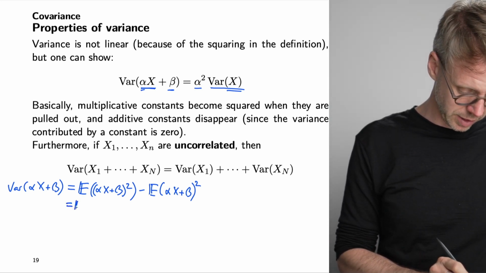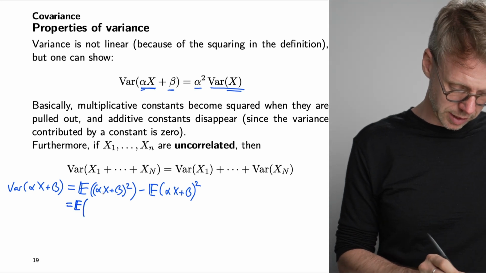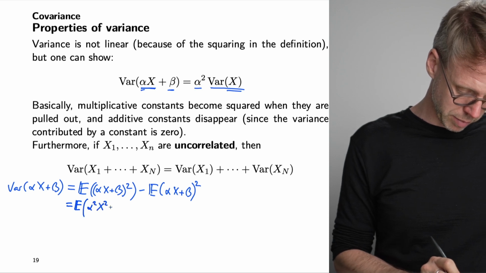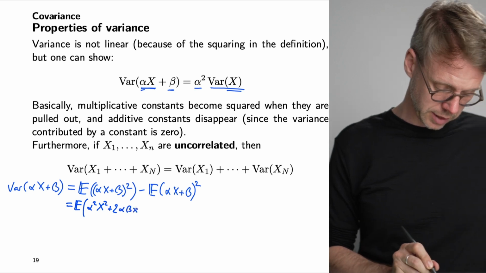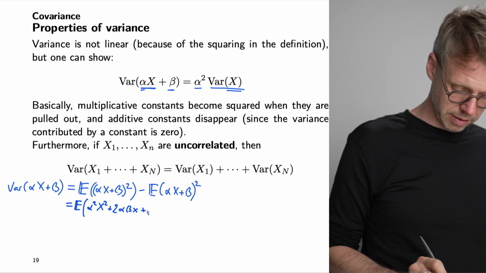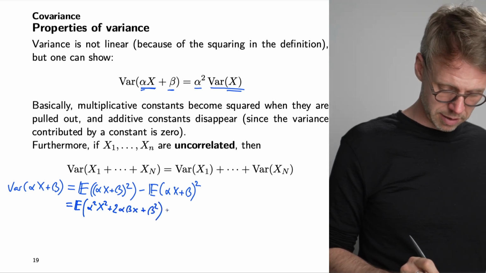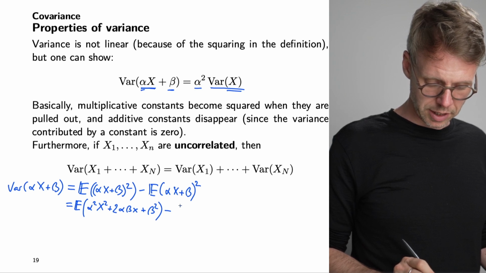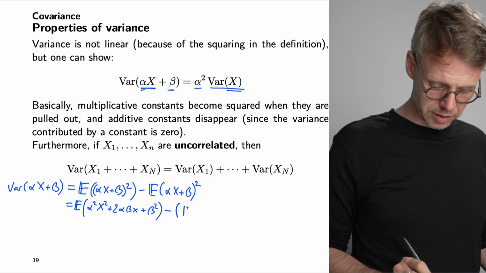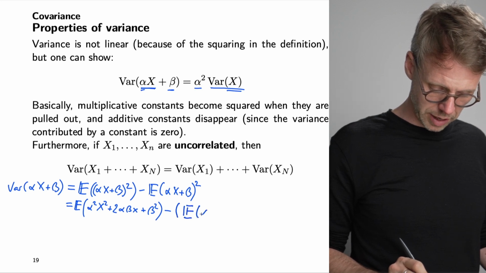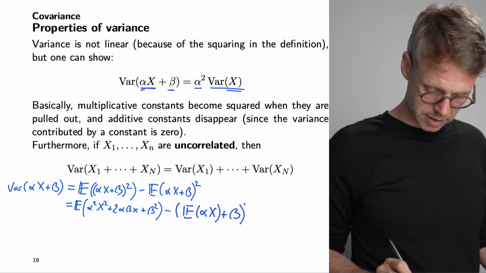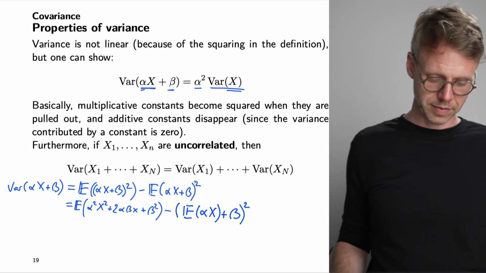So here we have the expected value of, and let's expand this here, alpha squared x squared plus 2 alpha beta x plus beta squared, minus, now the linearity of expectation tells us this is equal to the expected value of alpha times x plus beta, and the whole thing still squared.